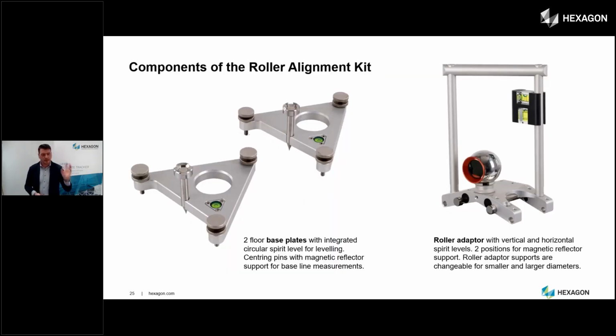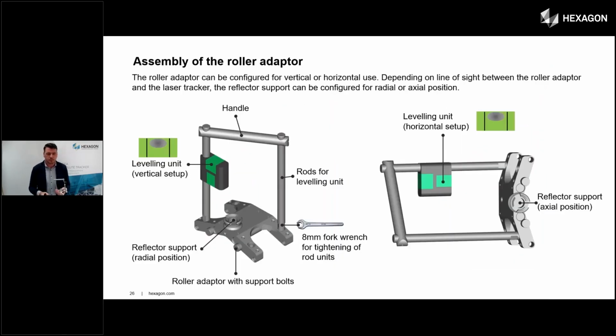So on the left side, base plate, you need two of them, and on the right side, we have the roller adapter. The roller adapter comes with two spring spirits. So one for the horizontal mount to adjust the x-axis, and the other spirit to adjust the z-axis of the tube.